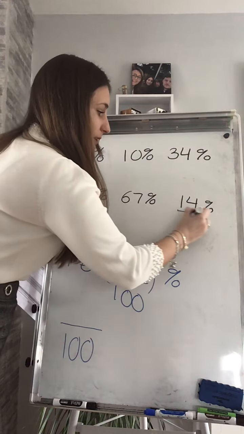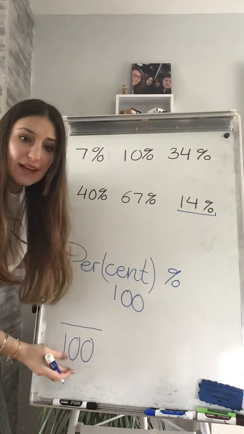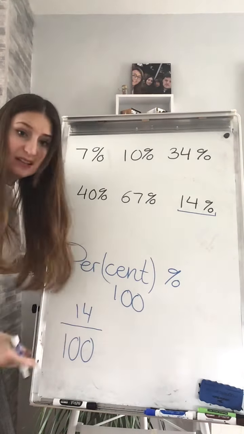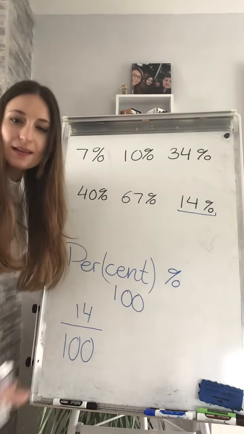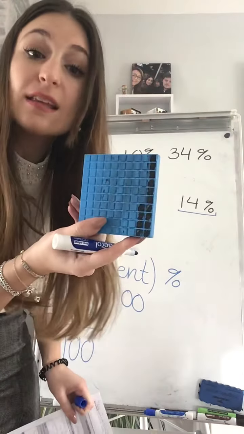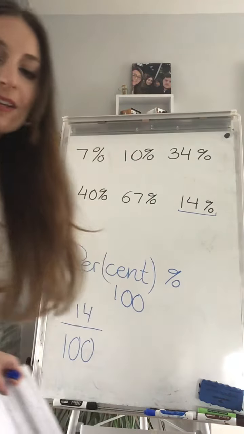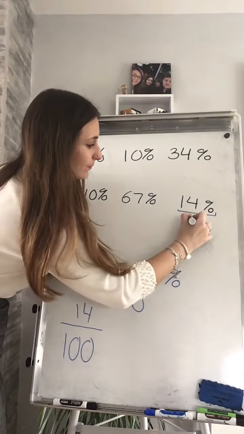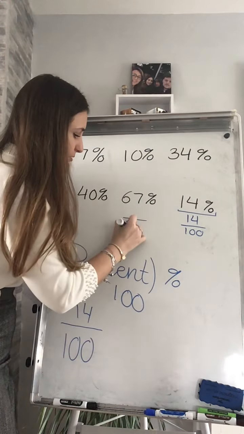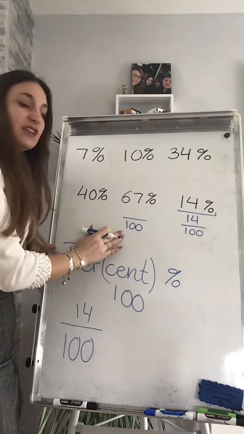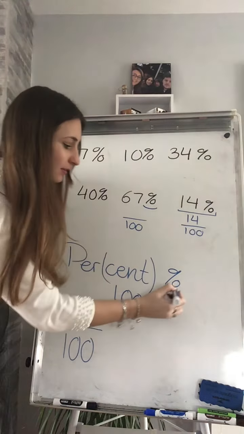So let's, for example, look at this. I have 14%, so I have 14 out of 100. 14 hundredths. Okay, can you see it? You had 10 and 4, you had 14 hundredths. So if my first one is 14 hundredths, and my next one is 67%, I know that is 67 out of 100.